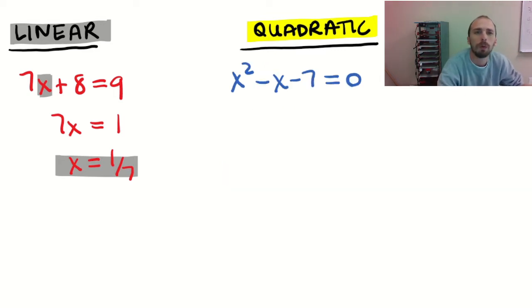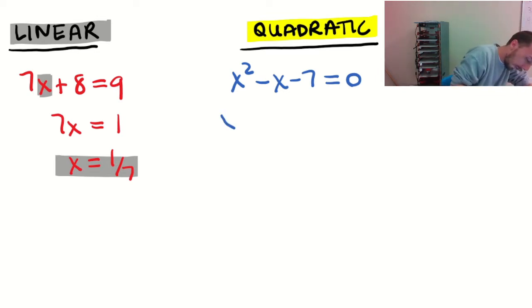Then the next thing we learned was, well, what if we can't think of two numbers that multiply to, in this case, -7 while adding to -1? What do we do then? And then we realized that quadratic equations were in general solvable by using completing the square. And we could use the quadratic formula, which is really just a fast version of completing the square.